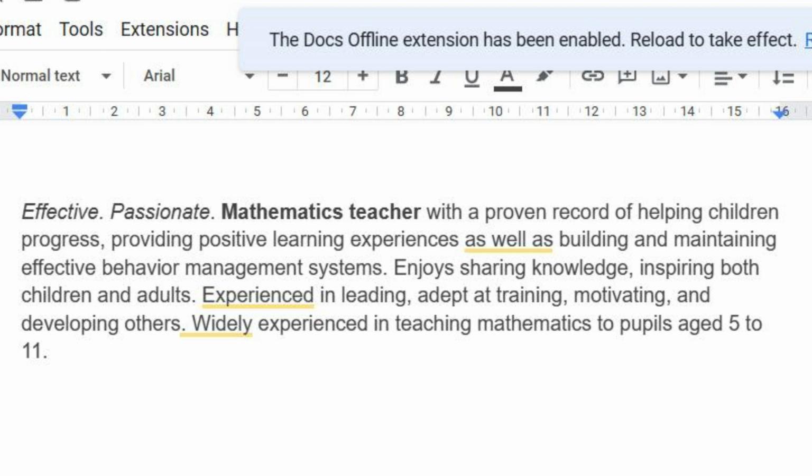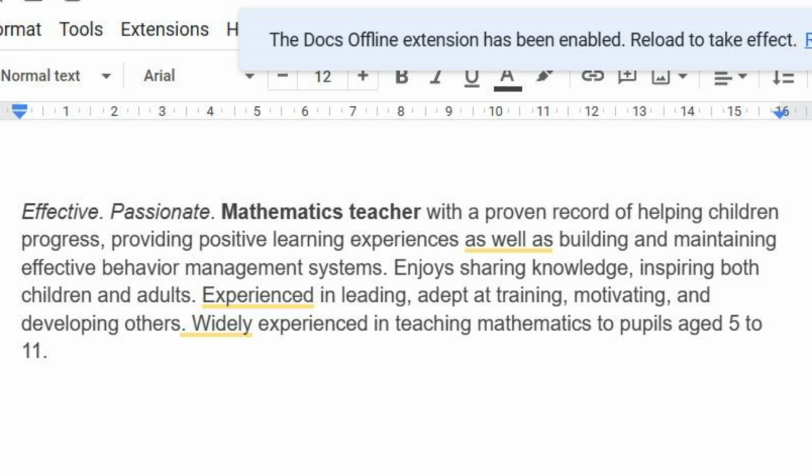Enjoys sharing knowledge, inspiring both children and adults, experience in leading, adept at training, motivating and developing others. Widely experienced in teaching mathematics to kids aged 11 to 16 years or 5 to 11 years, whichever the age group that you teach. This is very simple and concise. This is the personal statement.